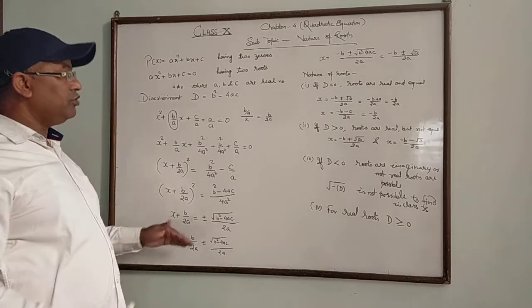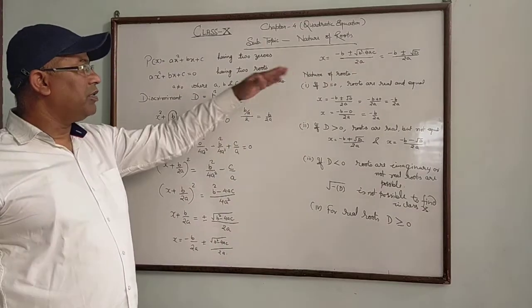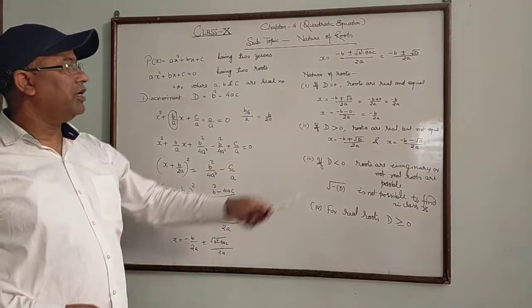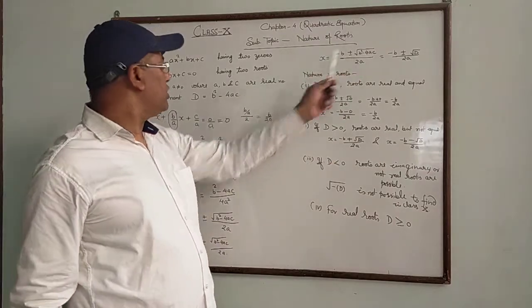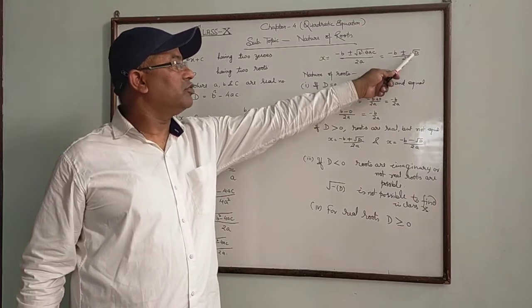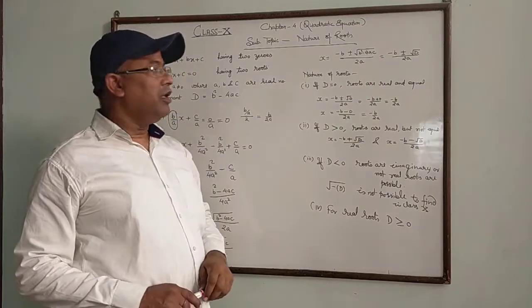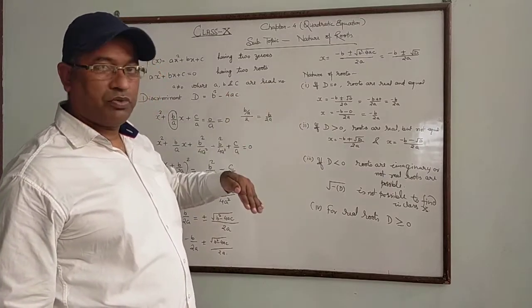Taking LCM 2a, it becomes minus b plus minus under root b square minus 4ac. This b square minus 4ac is the discriminant, so we can write minus b plus minus root D upon 2a. Now how do we find the nature of roots?